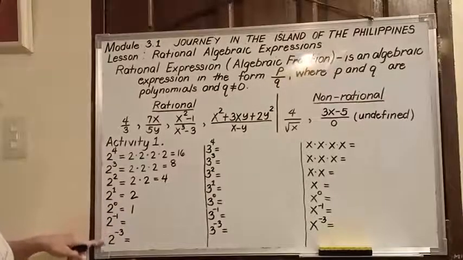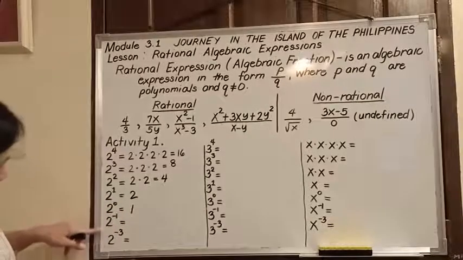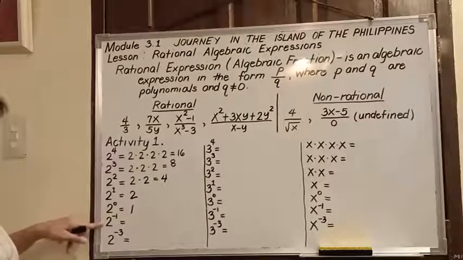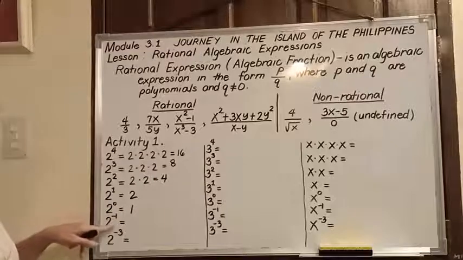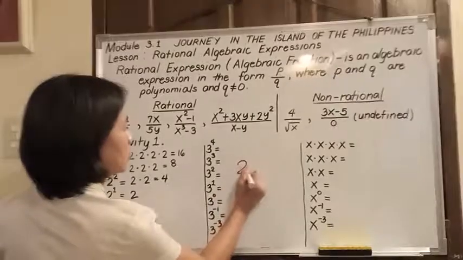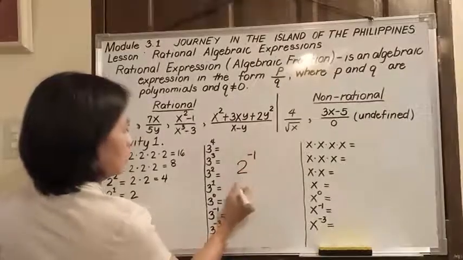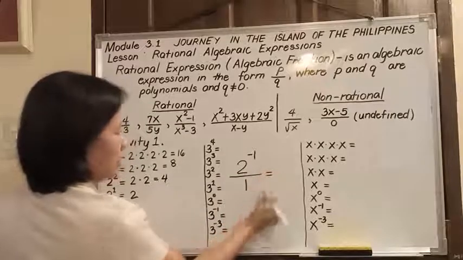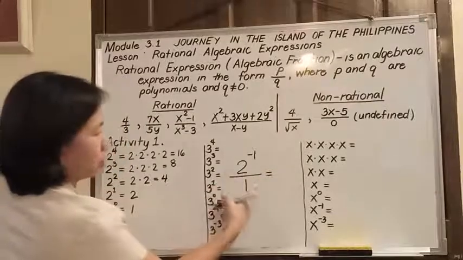Next, so here we have negative exponents. Now, to rewrite this into positive expression, we make this as your denominator. Since 2 raised to negative 1, the denominator is understood to be 1. Getting the reciprocal, we make this as your denominator.